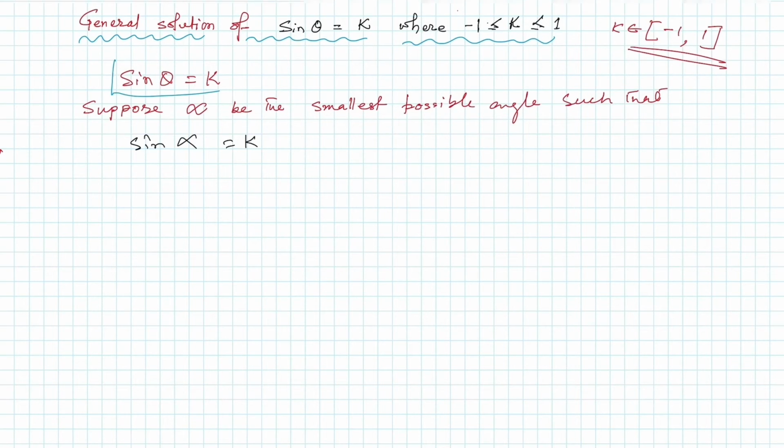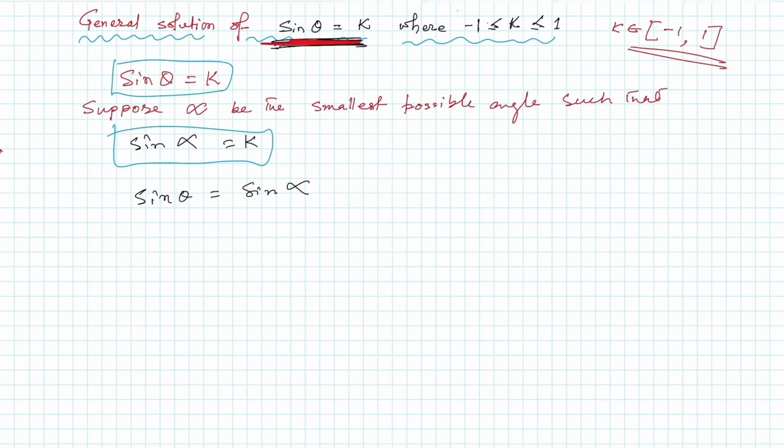Then from these two we can write sine theta is equal to sine alpha. So if sine theta is equal to k, it is obvious that there will be infinite solutions of this equation. There will be infinite values of theta for which sine theta is equal to k. But we have taken alpha as the smallest possible angle for which sine alpha is equal to k.